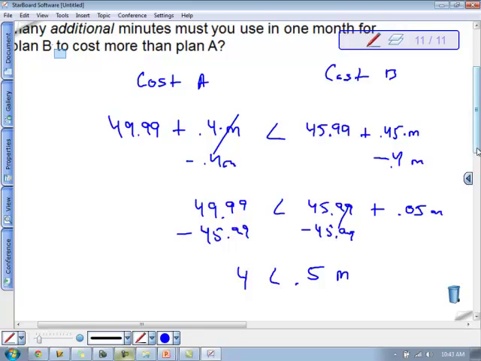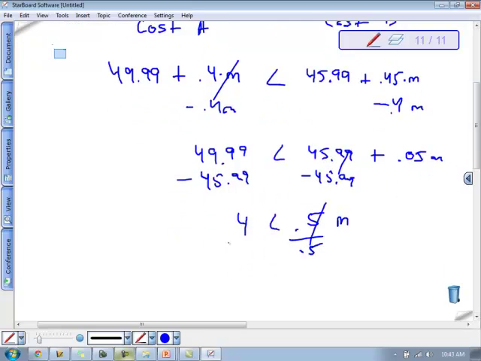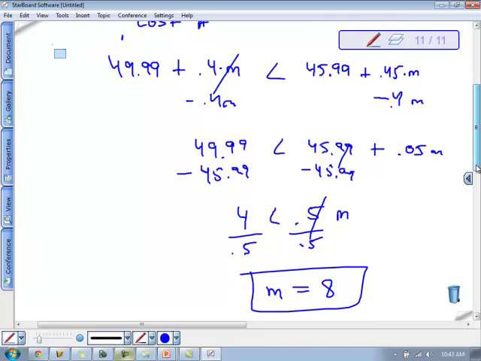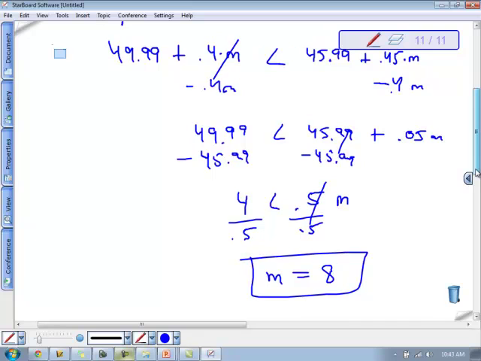Okay, and then I'll divide both sides by 0.05. This gives me m equals 80.